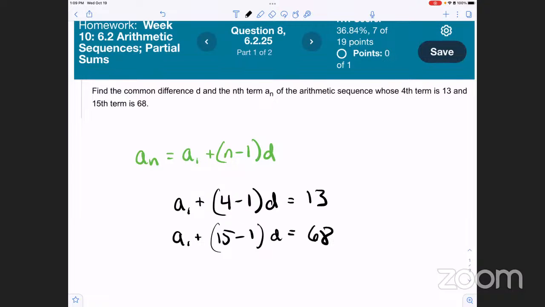So we use the nth term of an arithmetic sequence, and then we plugged in what was given. When n was 4, the output was 13. When n was 15, the output was 68. So then we have two equations and two unknowns, so we can solve the system of equations.